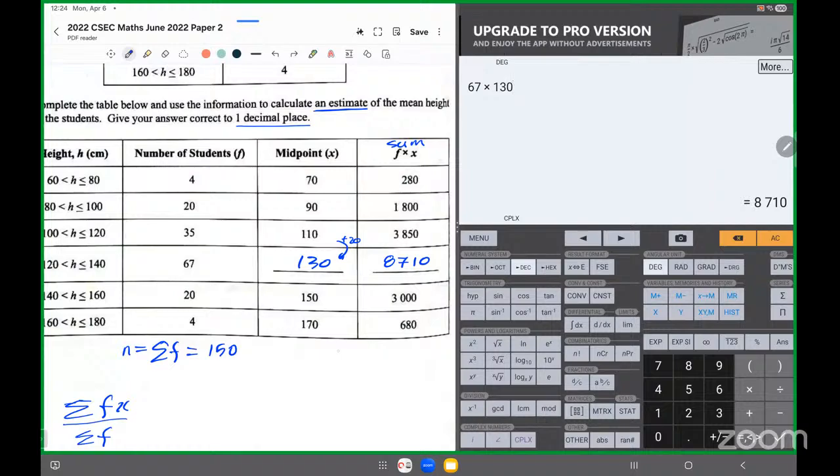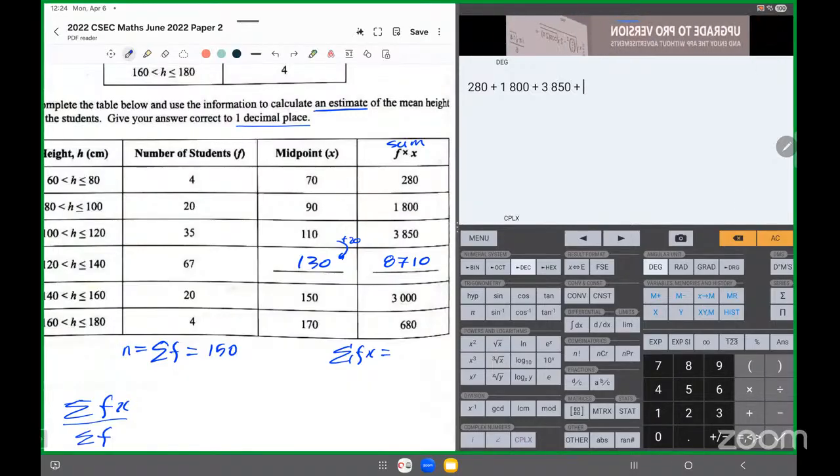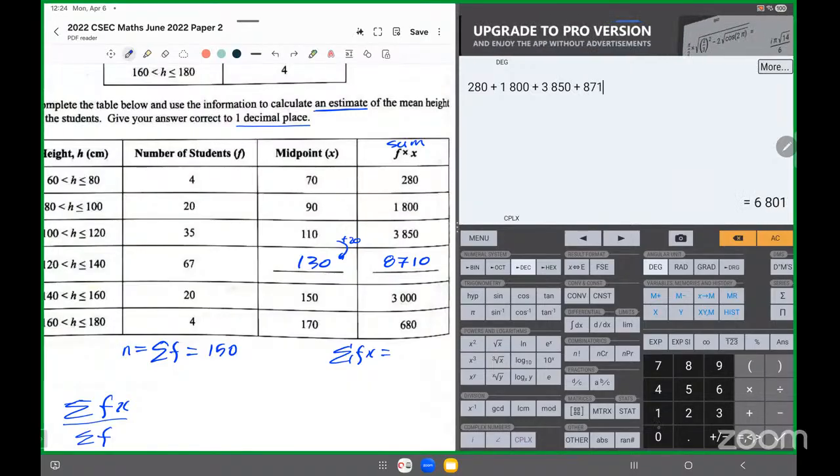So we need the sum of fx here now. We're going to add up all these values. It's going to be 280 plus 1800 plus 3850 plus 8710 plus 3000 plus 680.